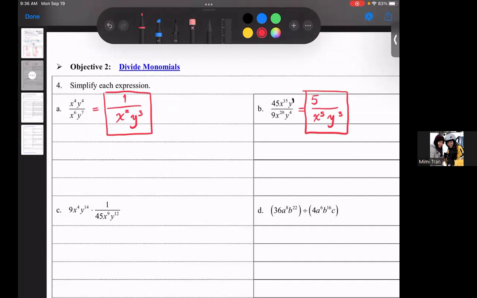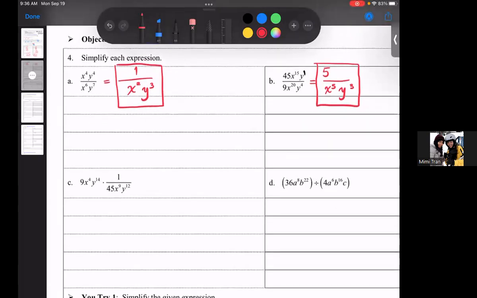Does anyone have a question up to this point? Please ask. Yes, you subtract the exponent. When you divide, you subtract the exponent. For a problem like C, I like to put everything over 1, just to distinguish what is the top and what is the bottom.